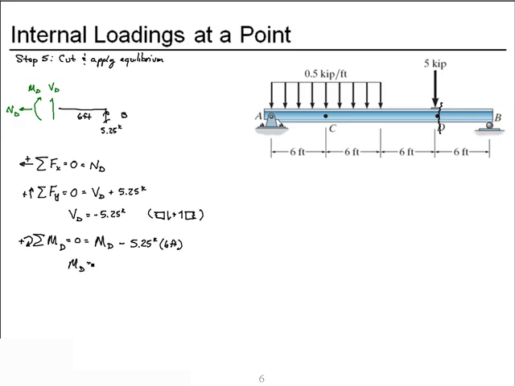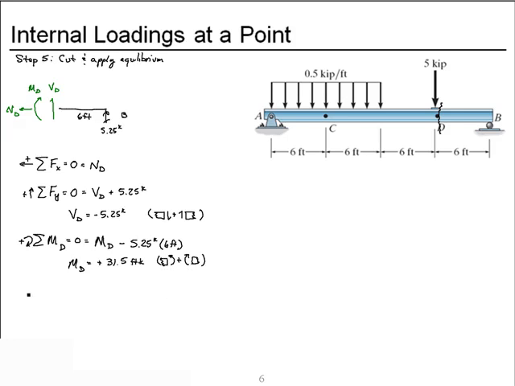Our moment at D is a positive 31.5 foot kips. Again, remember that for the right piece, we said clockwise is a positive moment. If we'd have kept the left free body diagram, we would have drawn it as counterclockwise.